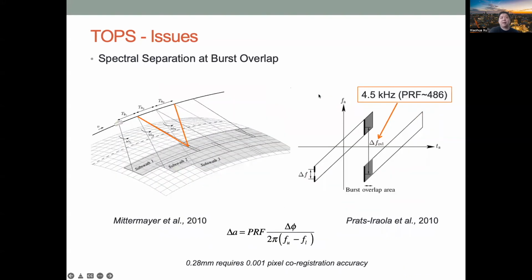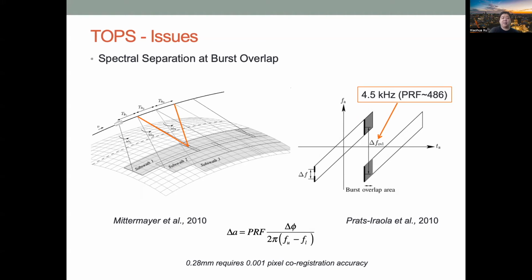Turns out if you unwrap that spectrogram, you will get the difference between the forward-looking and backward-looking spectra being about 4.5 kilohertz. And currently, I think no PRF is as high as that. One issue, of course, is that since the spectral ramp is higher than the PRF, one could not directly sample the image as that will cause aliasing.